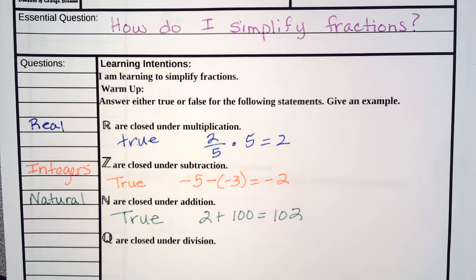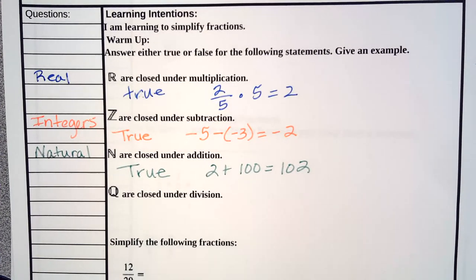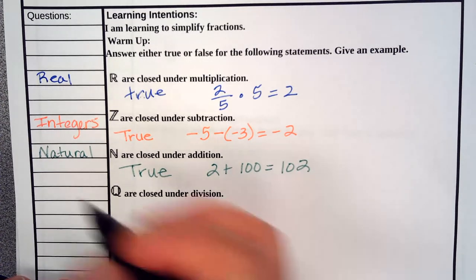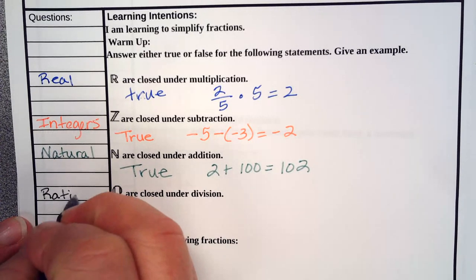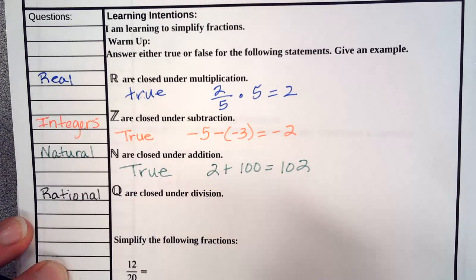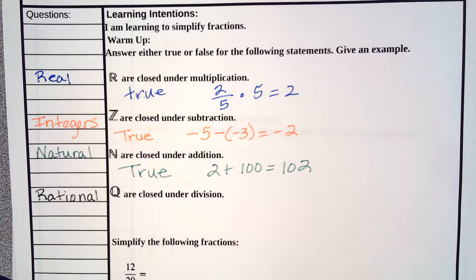What about the Q? Do you remember what that funny looking Q stands for? Those are our rational numbers. Are they closed under division? So when you're thinking of a statement like this, you're thinking, is there any number I cannot divide by?